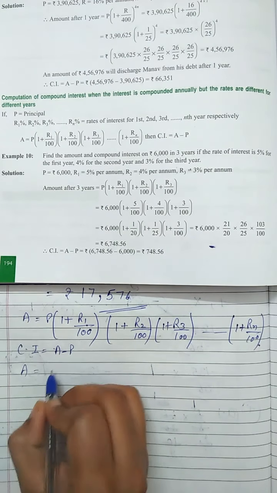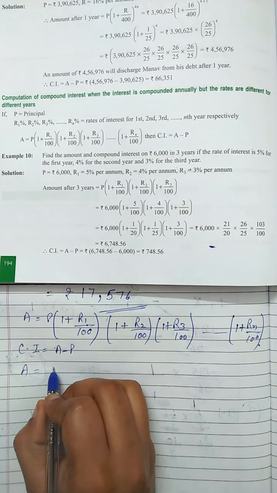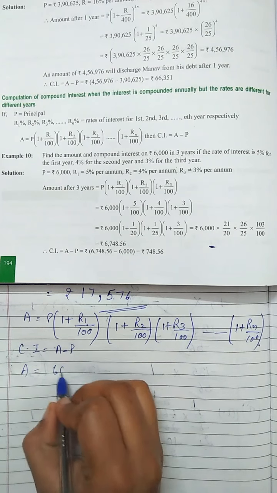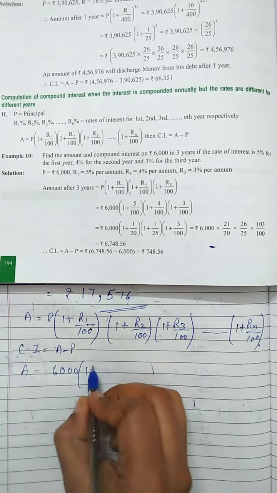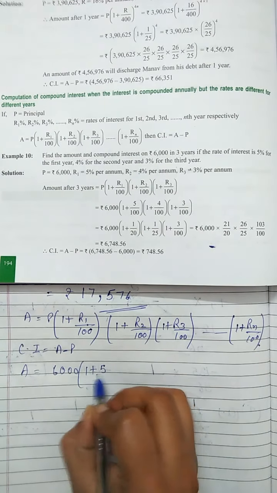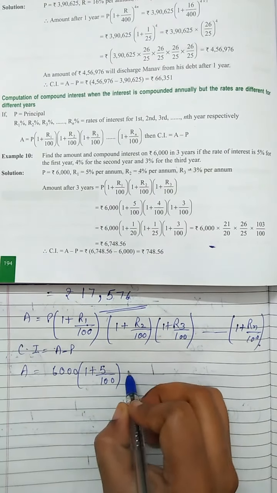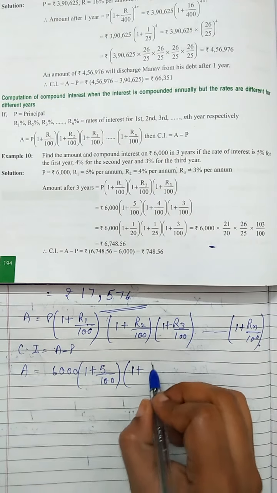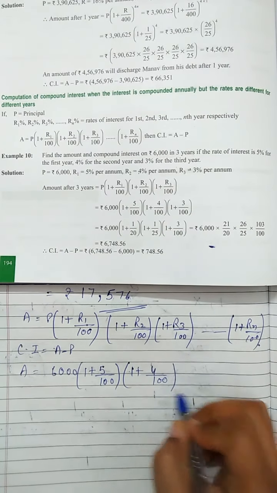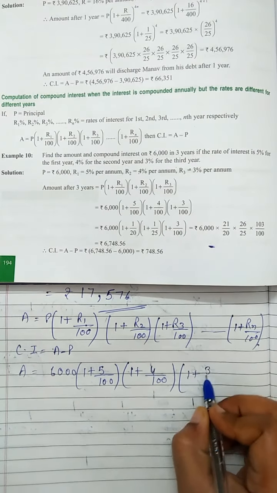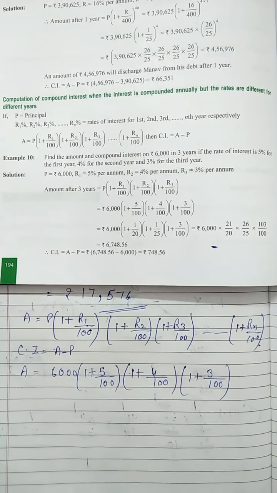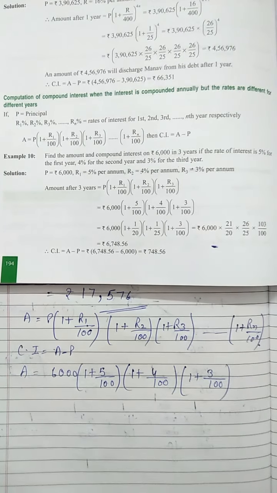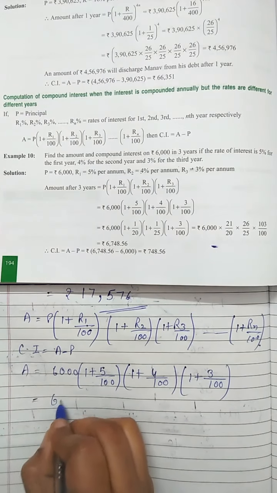So amount is, principal is 6,000, 1 plus first rate 5 upon 100, second rate is 1 plus 4 upon 100, and the third rate is 1 plus 3 upon 100.